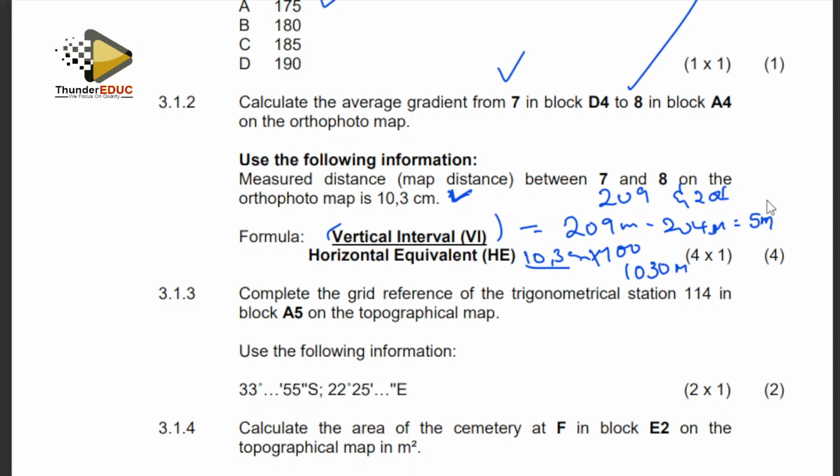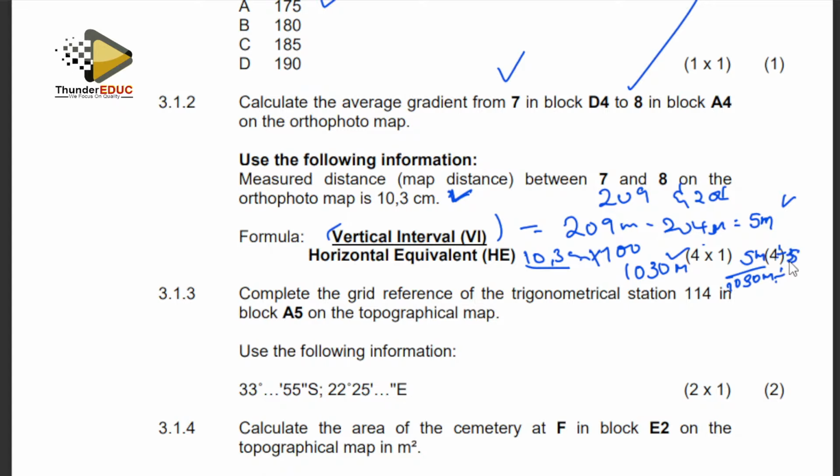Meaning I have this and this as well. So we put it in the formula. It becomes 5 meters over 1030 meters. We divide by the smallest, because the answer must be in ratio.